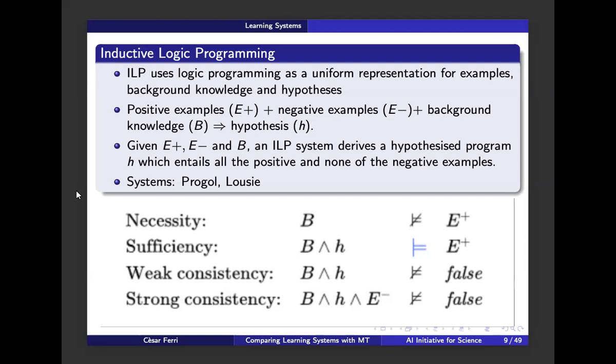This is more or less the idea of inductive logic programming. Among the most famous systems of inductive logic programming is Prolog, and these are the conditions required to satisfy a framework of inductive logic programming.